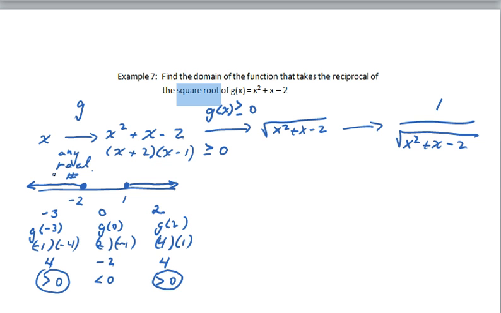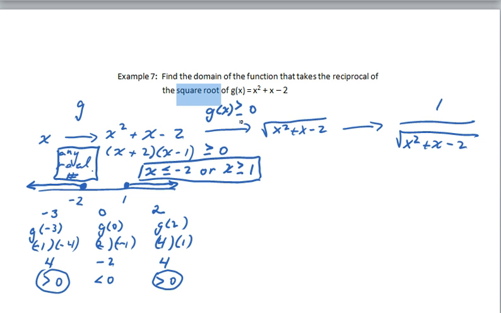And so at this point, we are restricted to x less than or equal to negative 2 or x greater than or equal to 1. So we started with any number, but now in order to have the square root defined, we have a restriction.